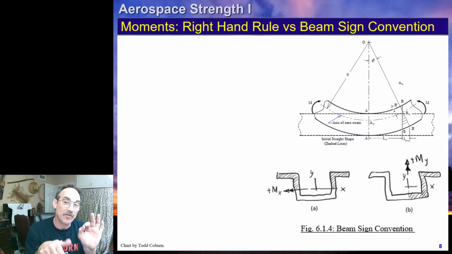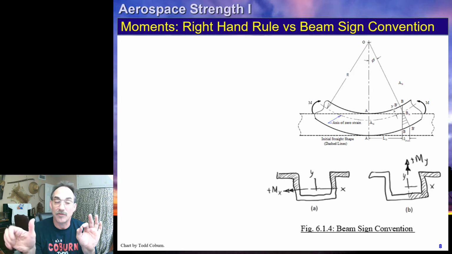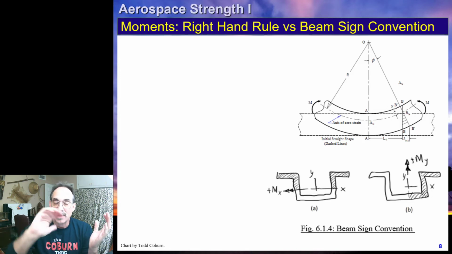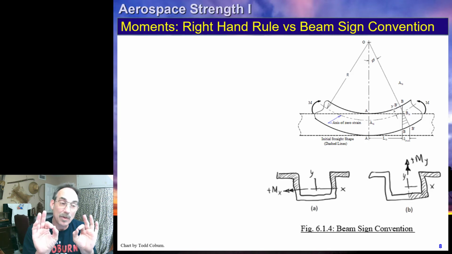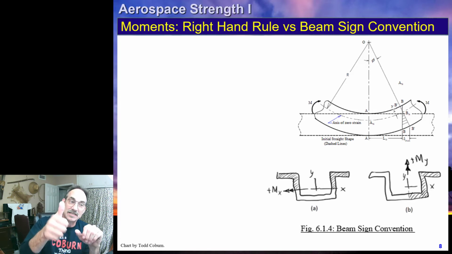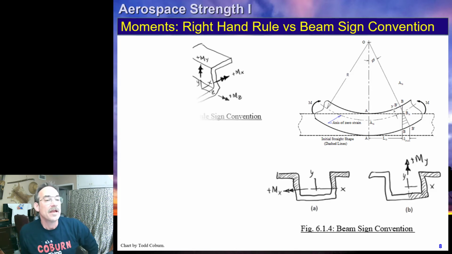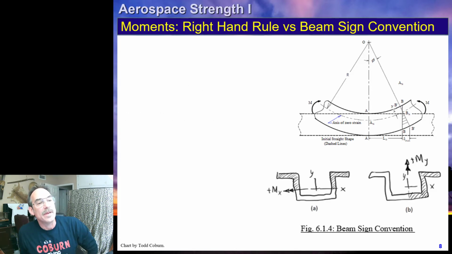Now, when we deal with the vertical axis, if we had a bending moment about a vertical axis, you'll see that there's no smiley face because it is just about a vertical axis. It doesn't look like a smiley face at all. So for that, we will always use right-hand rule for a vertical moment, which means if the thumb is sticking up the positive axis, then it's a positive moment. Okay? If we had used right-hand rule, you'll notice here that we have our sign convention defined here.